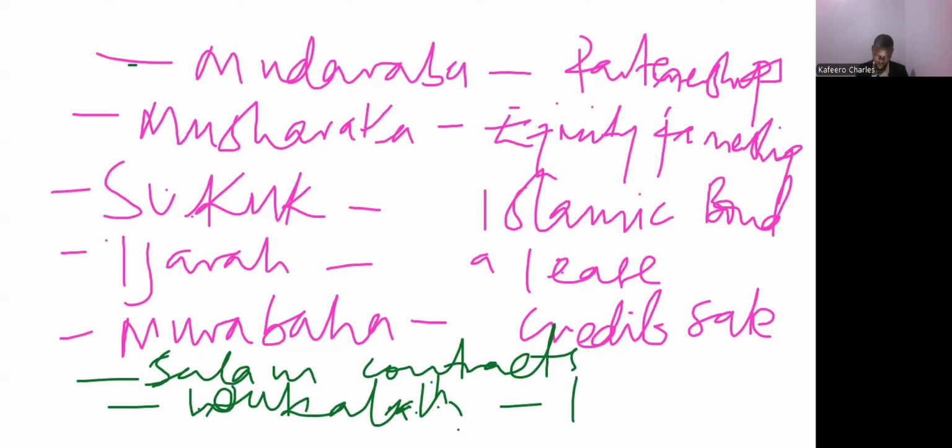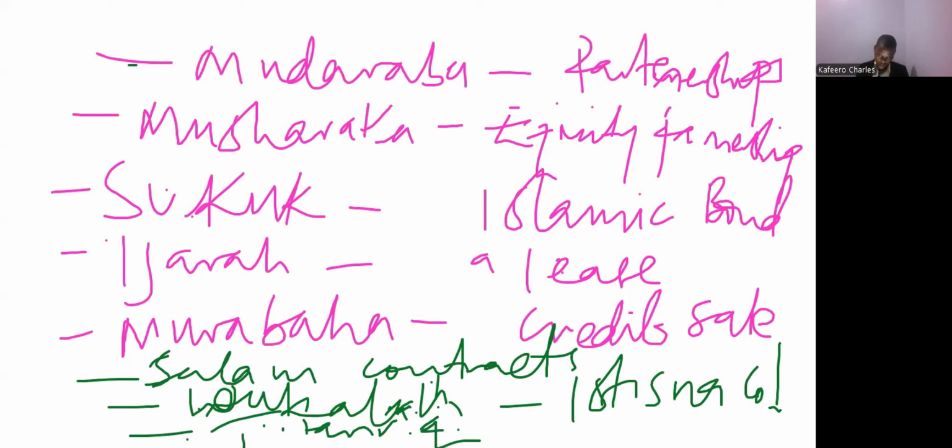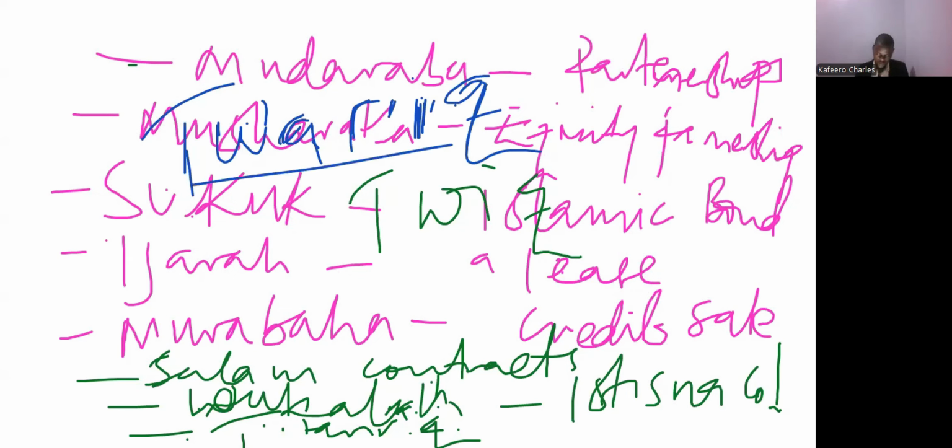Or there are even institutional contracts. There are also what we call Tawalik. So we are going to look at each of these in detail, but we are going to find that in the next video.